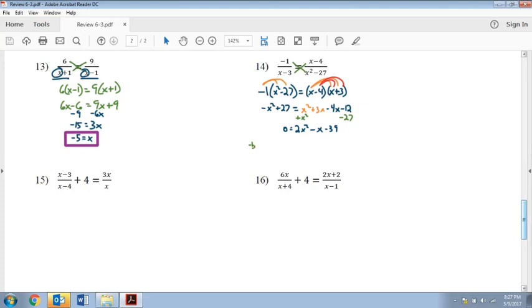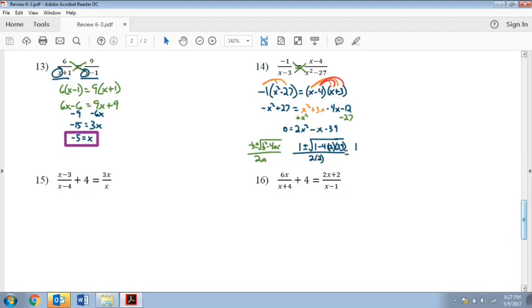Negative b plus or minus the square root of b squared minus 4ac all over 2a. So here we go. Negative 1 is positive 1, plus or minus the square root of b squared. Negative 1 times negative 1 is positive 1. Minus 4 times 2 times negative 39 all over 2a, which is 2 times 2.